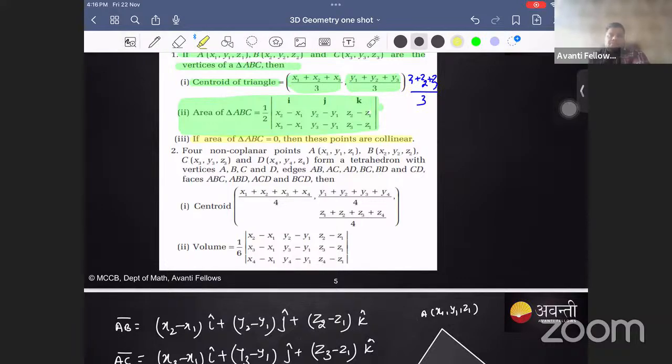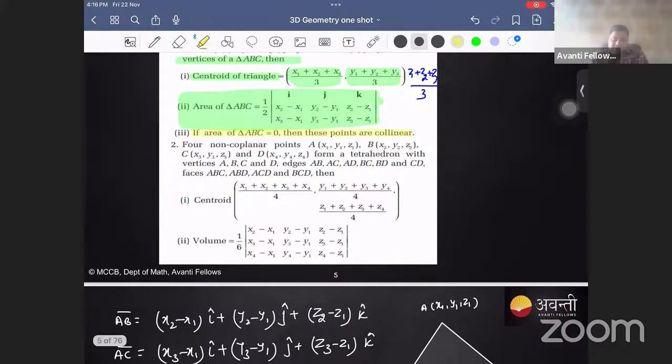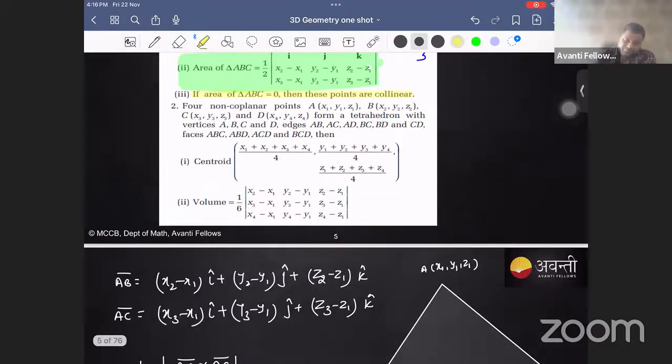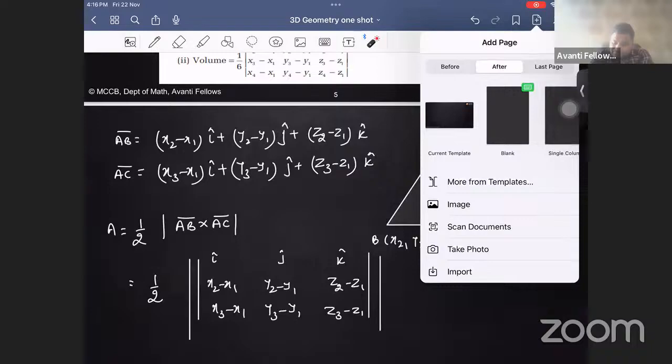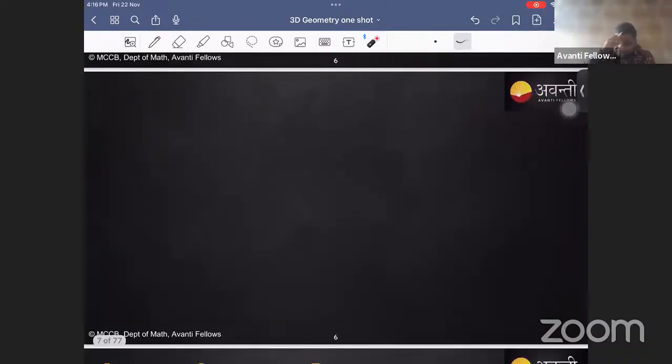Now, you see, four non-coplanar points A, B, C, and D form a tetrahedron with vertices A, B, C, D and 6 edges. Now, how this tetrahedron is, like this.